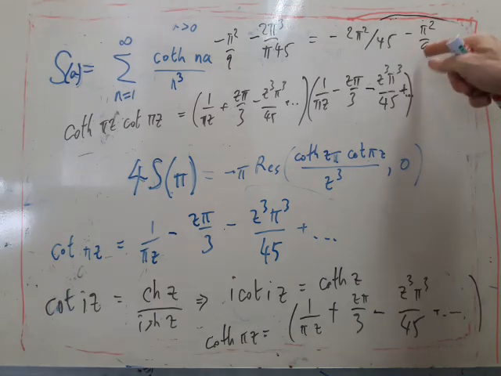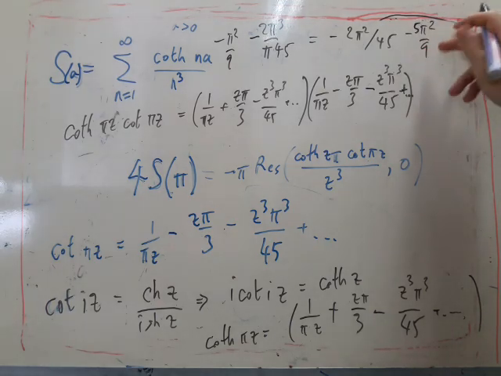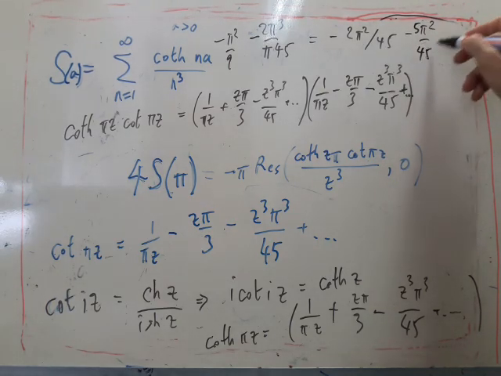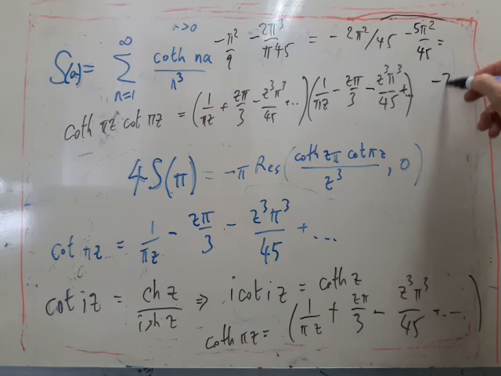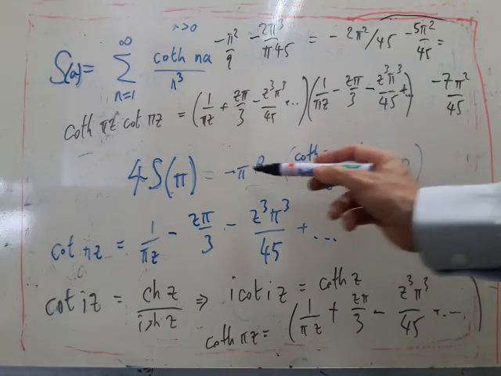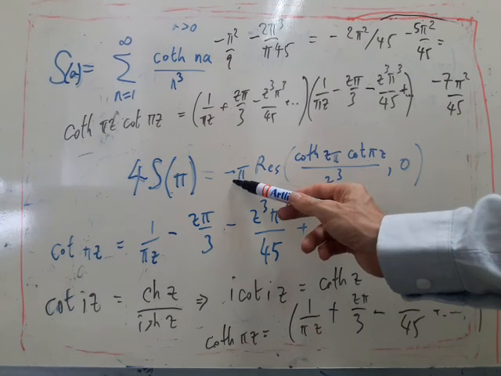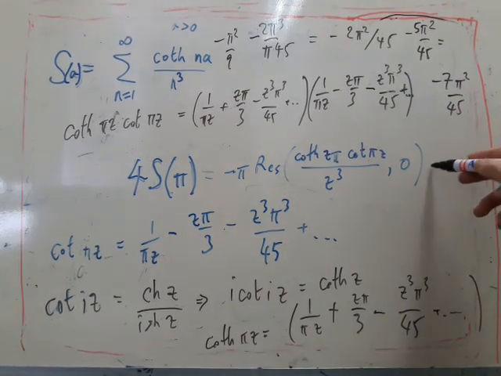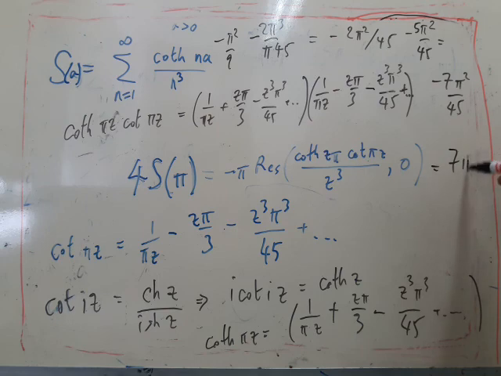So multiplying top and bottom by 5, this ends up being minus 7 pi squared over 45. So the final answer for this is minus pi times that. So that gives us 7 pi cubed over 45.